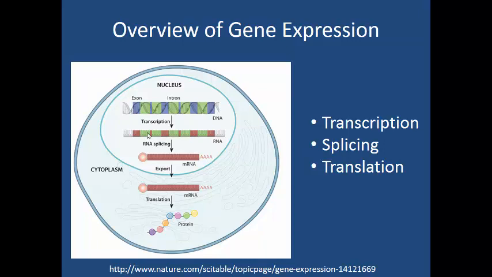What happens is that these get spliced during mRNA processing, and that leaves us this transcript here, which has no introns in it. We have a 5' cap that is added to the transcript, and a 3' poly A, or multiple A, tail that's added to the 3' end of the transcript.